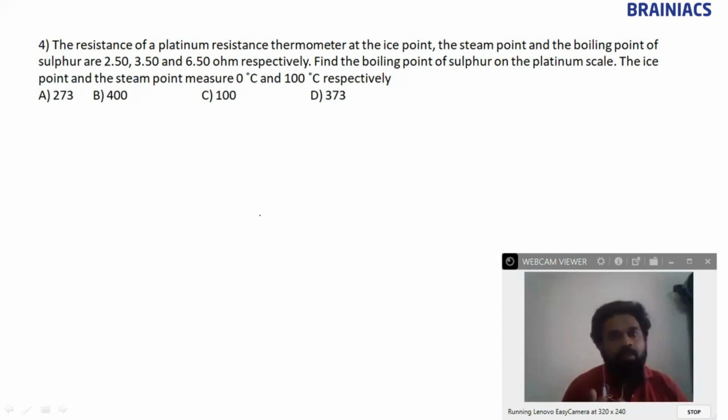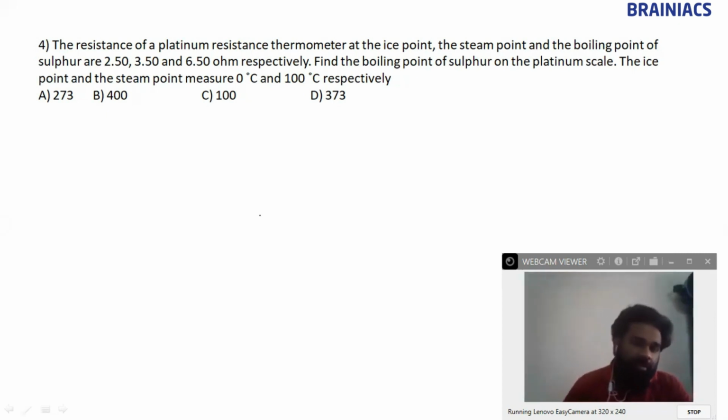There is another thing called the steam point here. Technically, steam point and boiling point have some differences. Since we don't have that to study, even in thermal properties of matter, we have steam, boiling point, melting point, all that there.